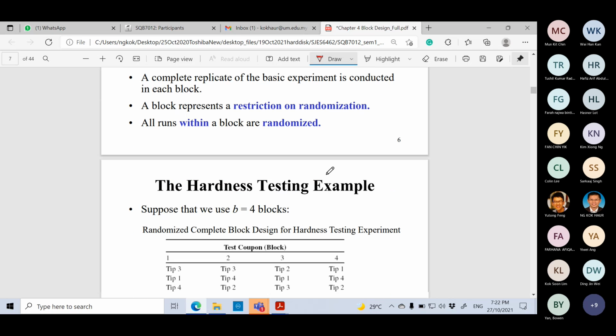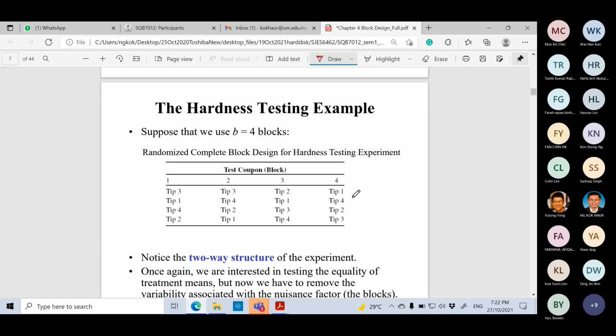Maybe I show you the example here. In fact, I go through this one. They want to test the 4 different tips: the first tip, the second, and so on. But because, as I mentioned to you, when they collect the data the specimens may come from the same raw material, they consist of 4 different blocks here.